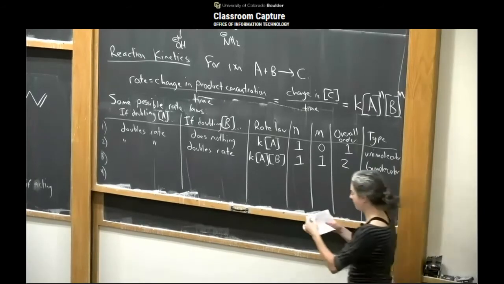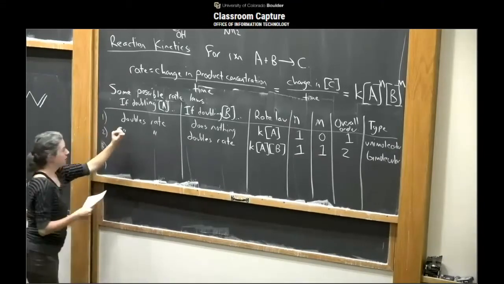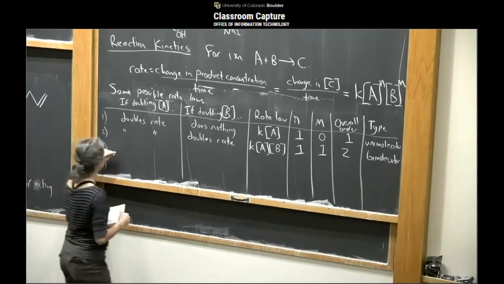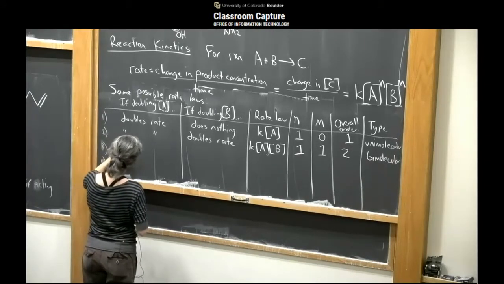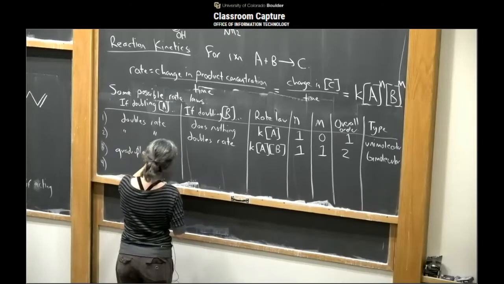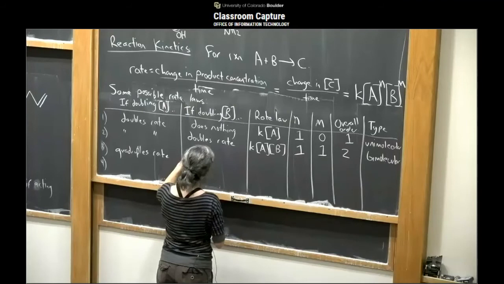Okay, cool. All right, so two more examples. Take a totally different reaction again with different molecules. We're playing around with it in the lab. We figure out that if we double the concentration of A, we're going to quadruple the rate. Then we play around with B. Doubling B does nothing.